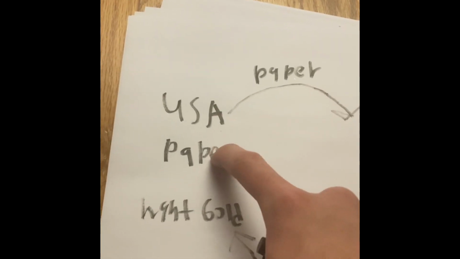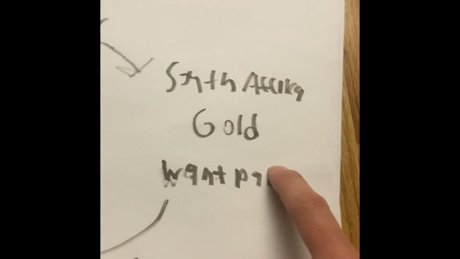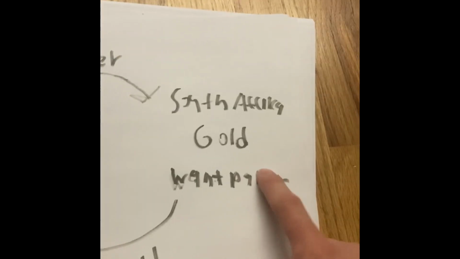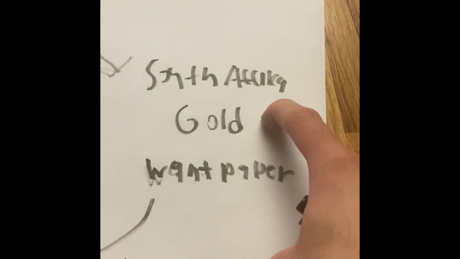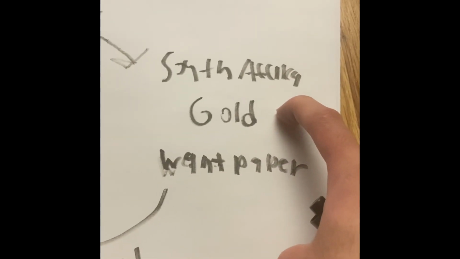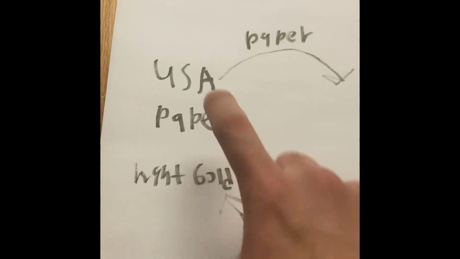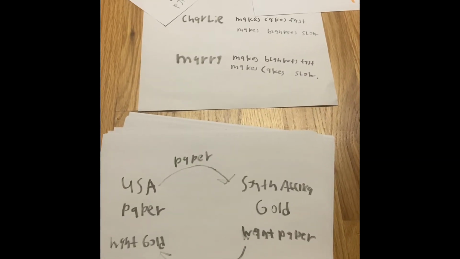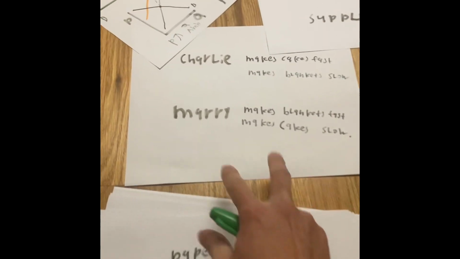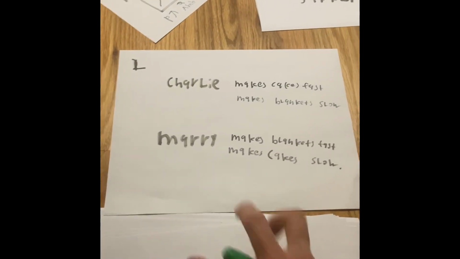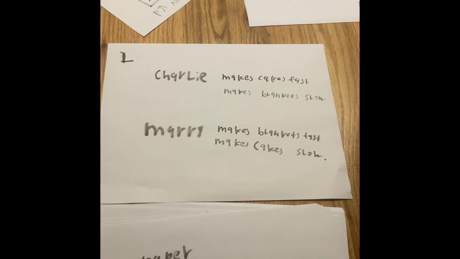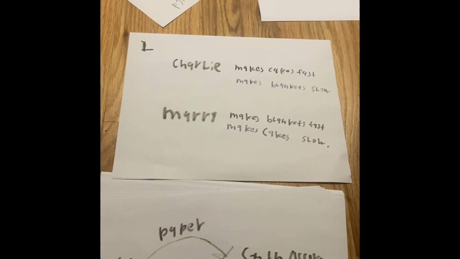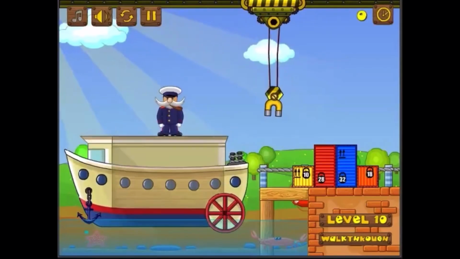The USA is going to sell paper to South Africa, but it's going to buy gold from them. South Africa is going to sell gold to get money, but then want paper, because paper can't be made in South Africa. So that is a more complex idea of scenario number 2, how efficiency in producing something is going to dictate what you trade and what you buy.